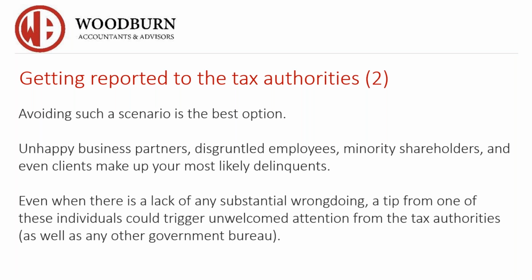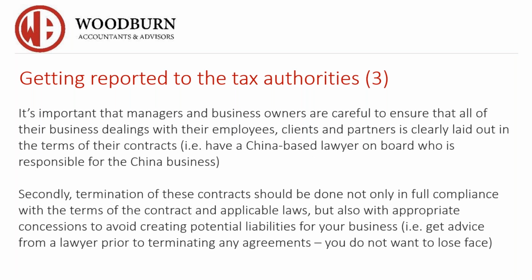And please also keep in mind that I'm talking today about tax audits, but audits can actually come from any government bureau, whether it's from the Ministry of Commerce, whether it's from the State Administration of Foreign Exchange, whether it's from the tax authorities, okay? It could even have come previously from the Labor Bureau, but as I will highlight today, that's even now being consolidated under the tax authorities. So it can come from anywhere, right?